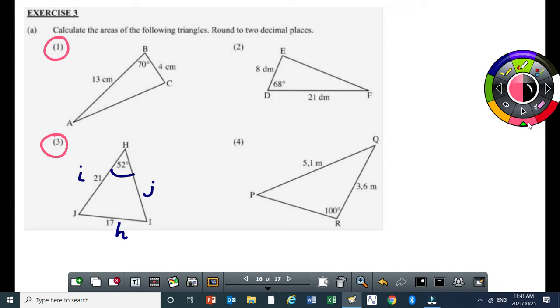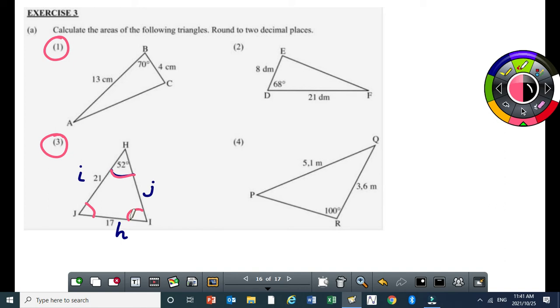Another way would be, if possible, to calculate a new angle, and in that case I might not need to use this one here to calculate the area of that triangle. So J is opposite this angle, and I don't know that angle, so I can't use the sine rule to find angle J. But I'm given the length of JH, so I can calculate the size of this angle using the sine rule.